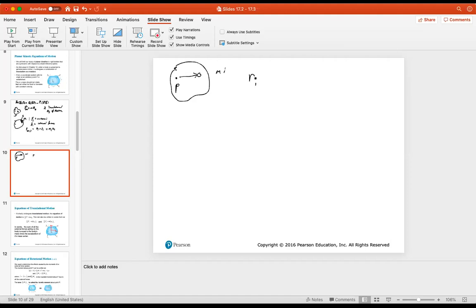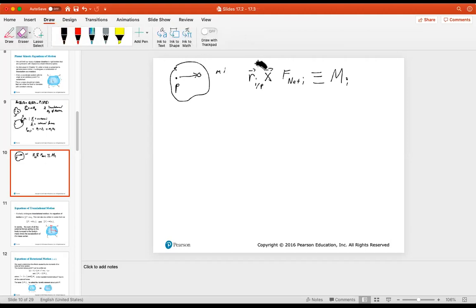So to get at this, we're going to focus on the following quantity: r_i relative to P cross F_net,i. That's the net moment on mass i. Oh dear, I got my arrow in the wrong spot.